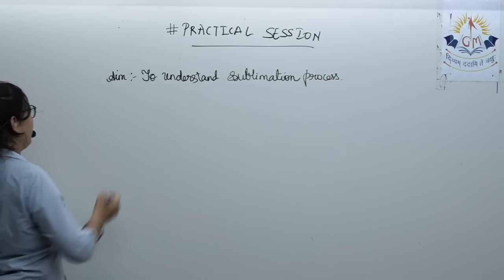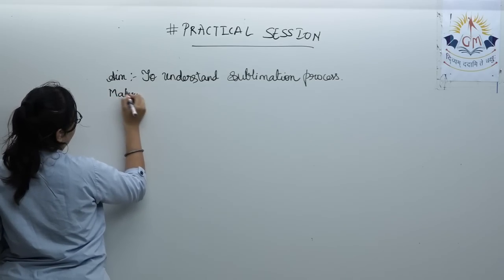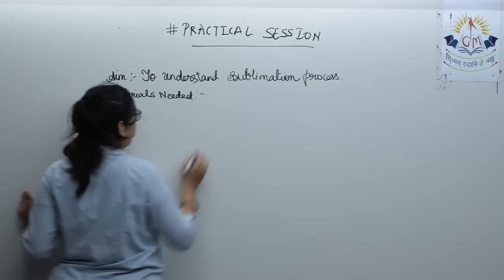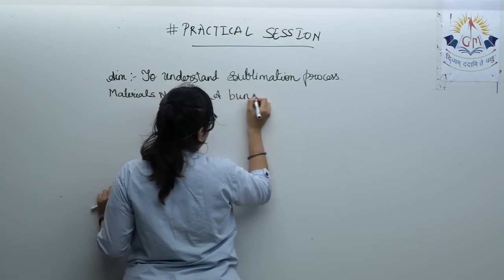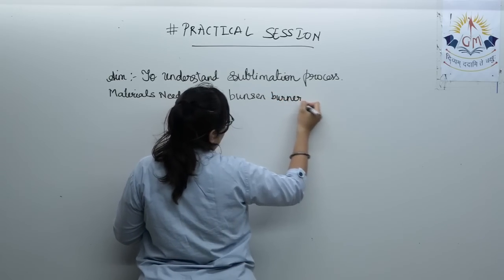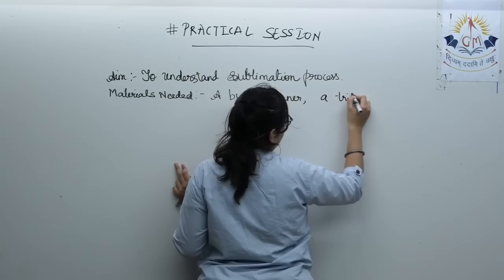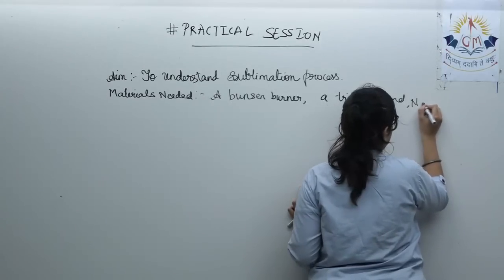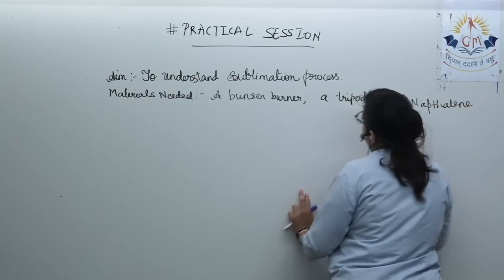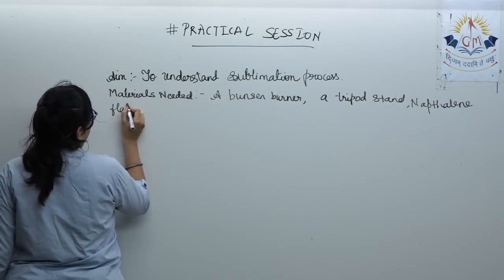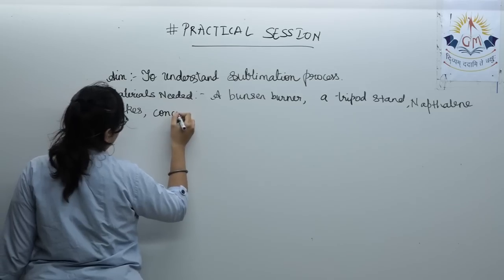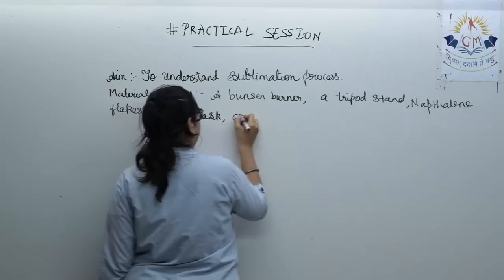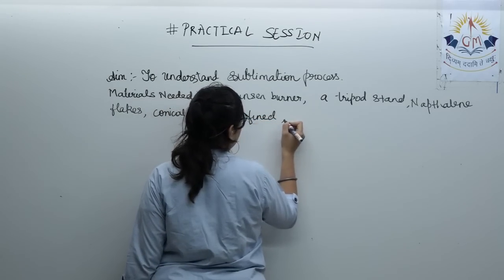The materials needed will be a Bunsen burner, a tripod stand, naphthalene flakes, a conical flask, a funnel, and some amount of cotton.